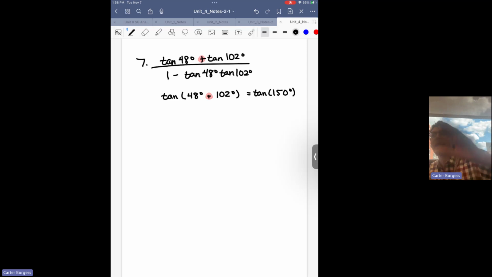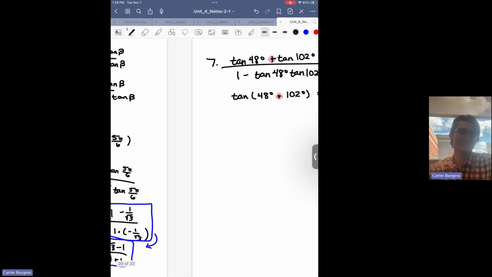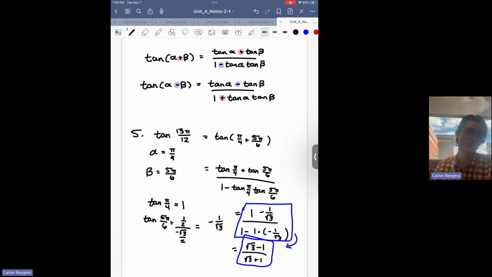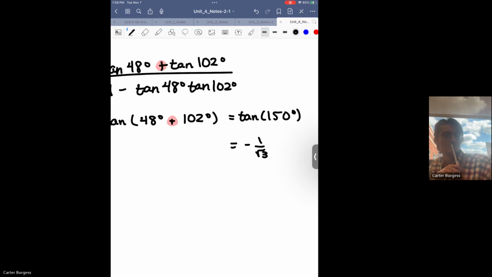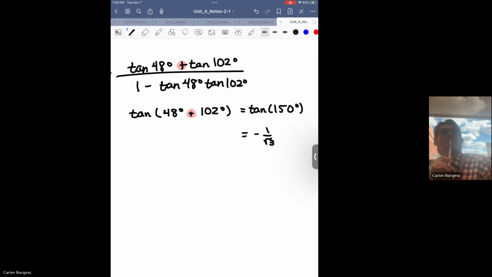And we go from angles that we don't know, 48 and 102 degrees, down to an angle that we know. 150 is actually the same thing as 5 pi over 6. We already evaluated this. This is negative 1 over root 3.